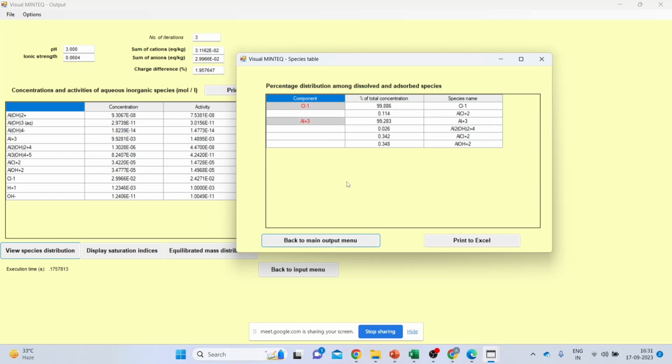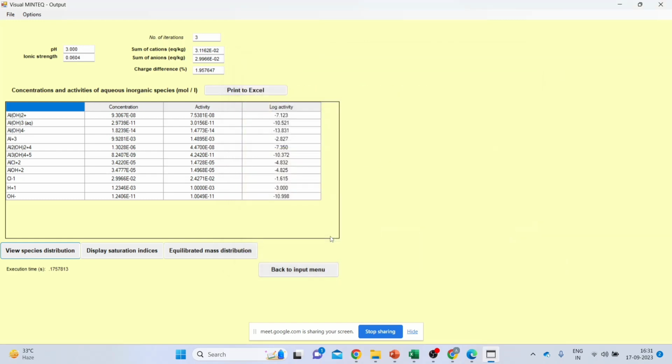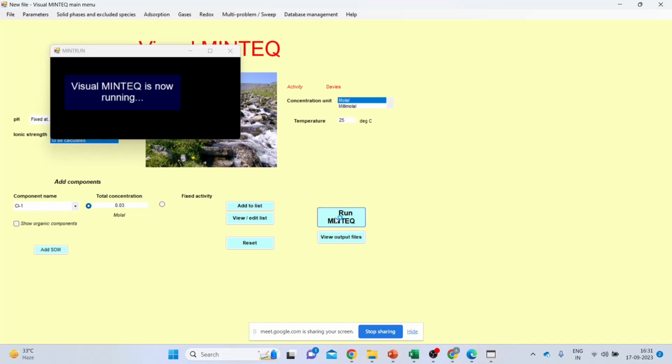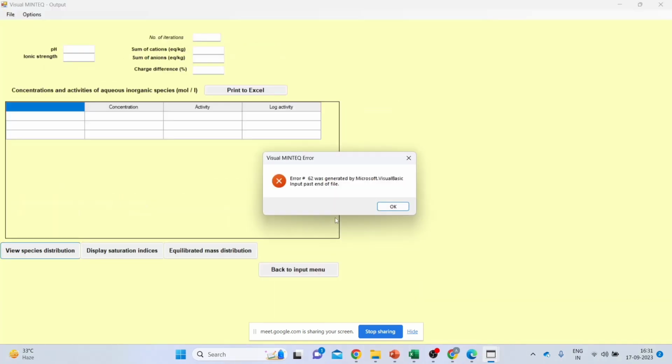Next we can see for pH 5, I guess. So it was 3, 5 and 11. So let's go back. Let's fix the pH at 5. We will run MINTEQ. Some error is showing.